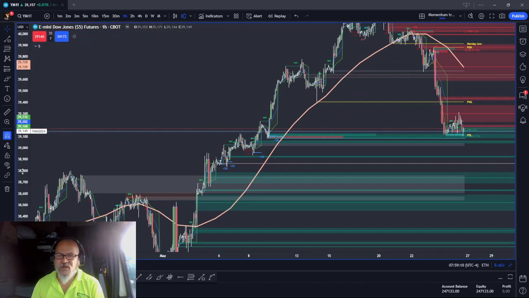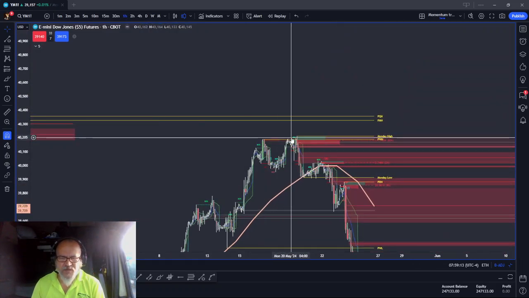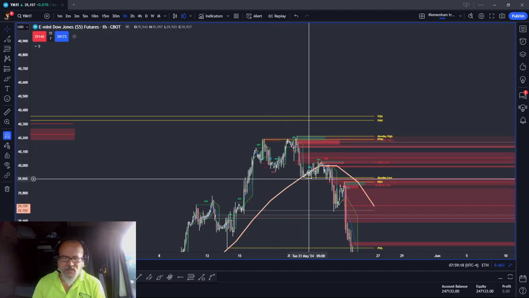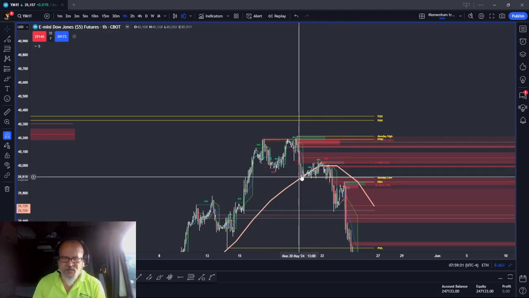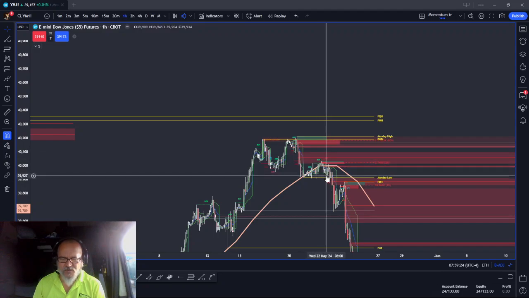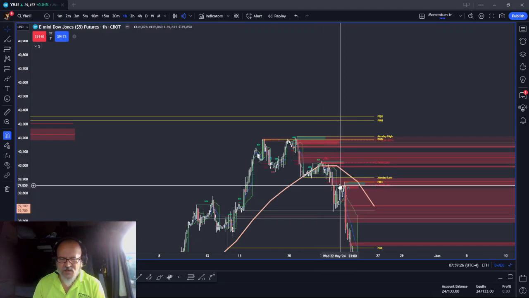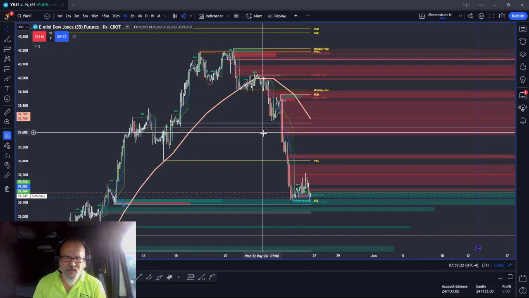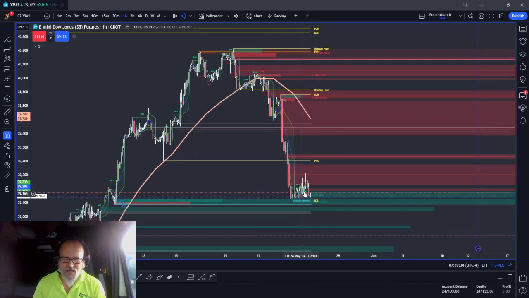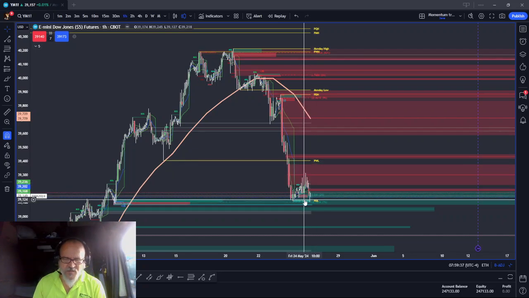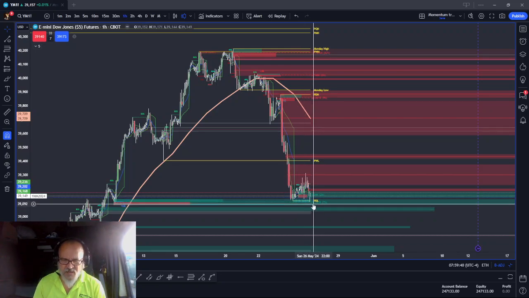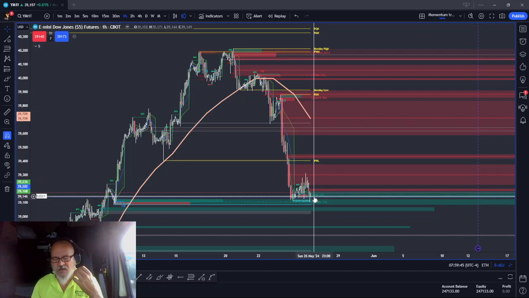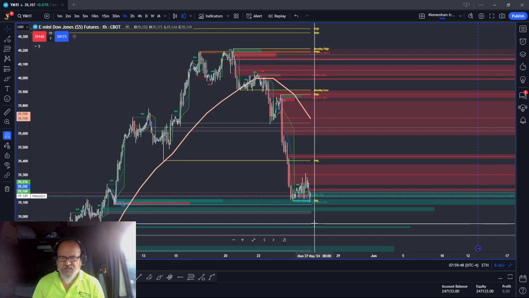We came up and took that liquidity from here and went down, consolidated, got our displacement, got our moves, some more consolidation before displacement, and consolidation, and we have our manipulation move to the downside, upside, and then broke the lows. So I am looking on Tuesday for this to continue down.